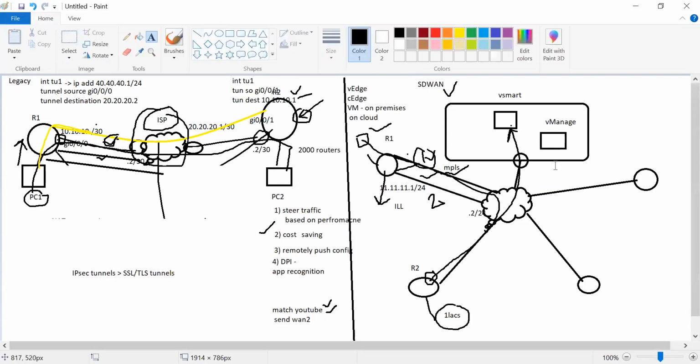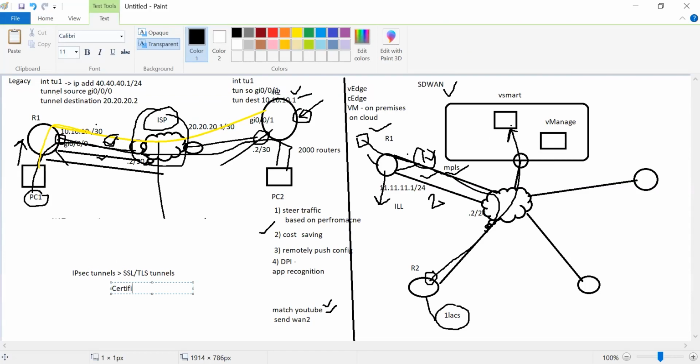So here all paths, even the communication to vSmart, vManage, day zero communication, is built on the highest level of security possible, which is SSL, TLS based security, or in other words, certificate based security.